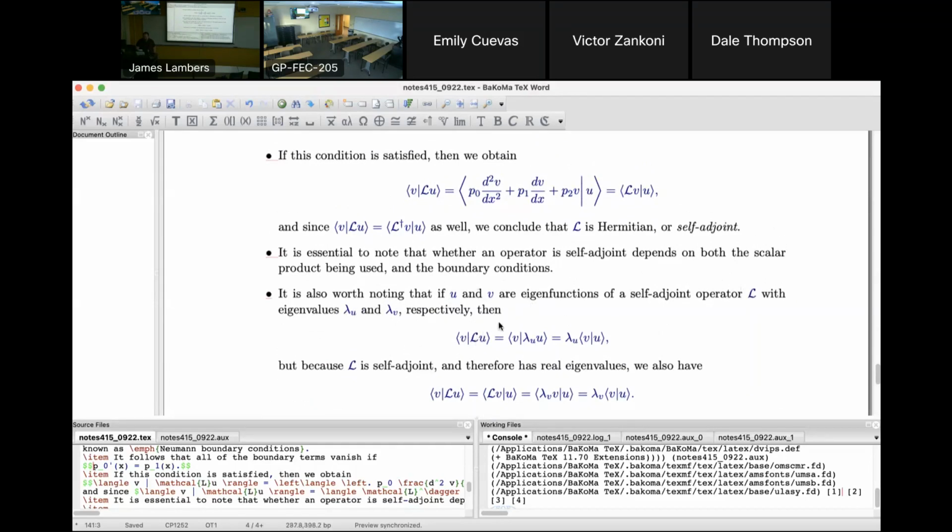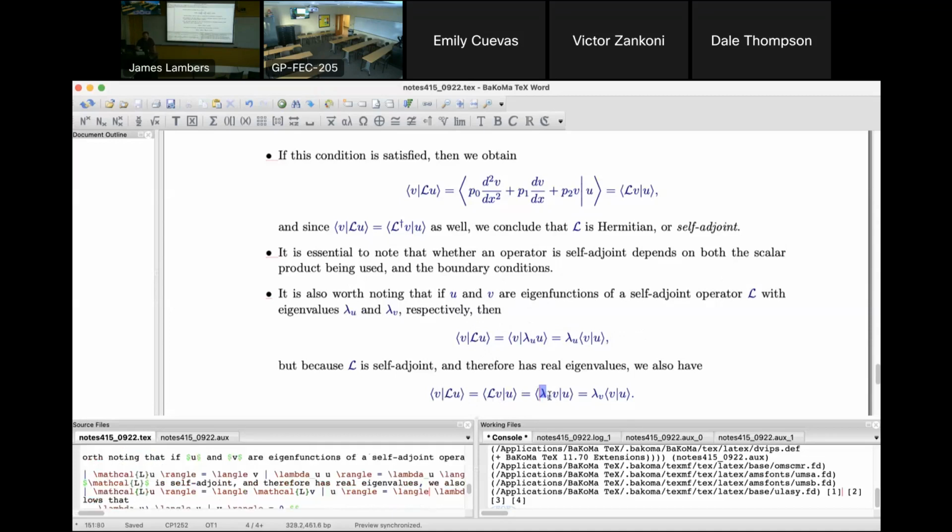But LU is lambda U times U, just by being an eigenfunction. And lambda U is a scalar, so I pull it out. Then I use the fact that L is self-adjoint to move the L from U over to V.